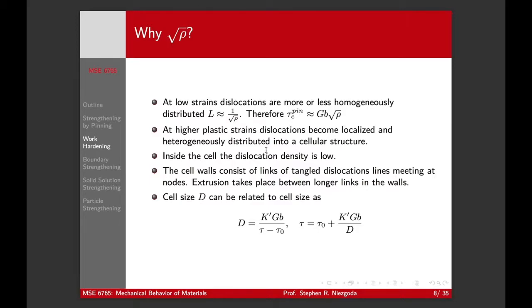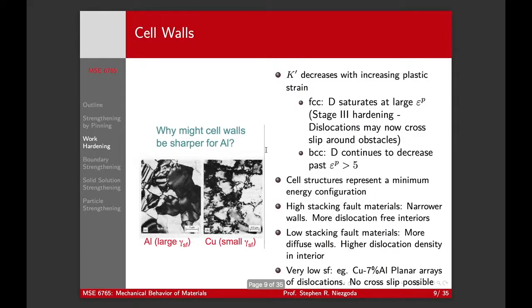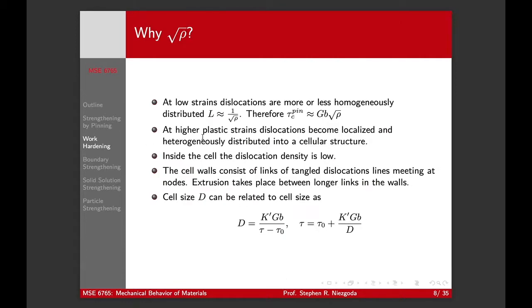At higher strains, dislocations become localized and are heterogeneously distributed into a cellular structure. We'll see pictures of it on the next slide. But inside the cell, the dislocation density is very low. But the cell walls consist of links of tangled dislocation lines meeting at nodes, right?